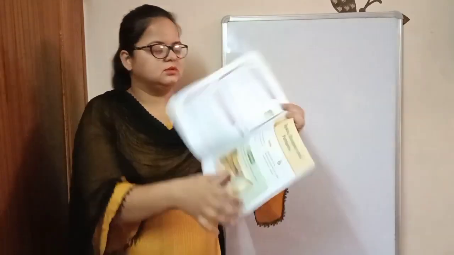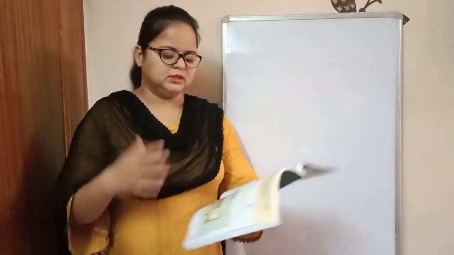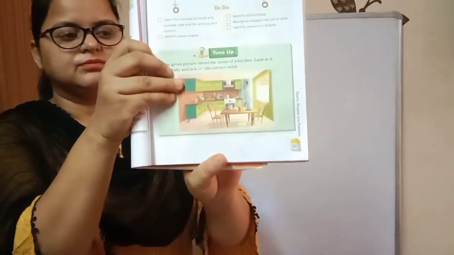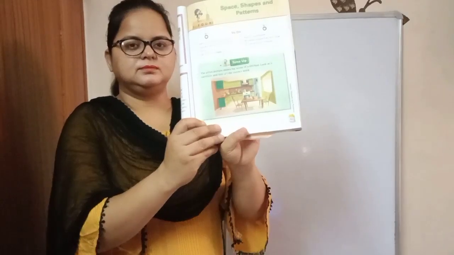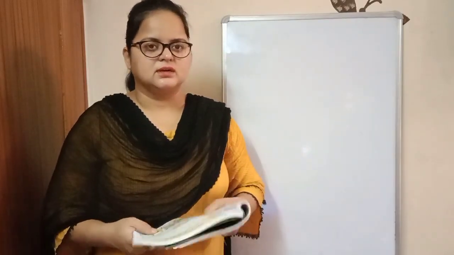Okay, so now here on page number 51, chapter number 4, the first thing is given a picture here. You can see a picture here. What we have to do here, the given picture shows the scene of a kitchen. Picture में हमें क्या दिखाई दे रहा है?